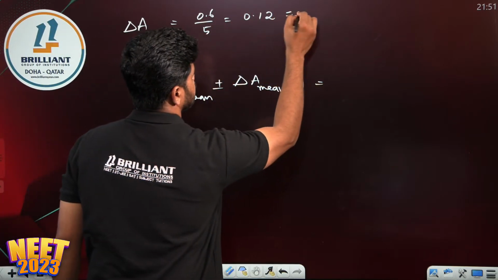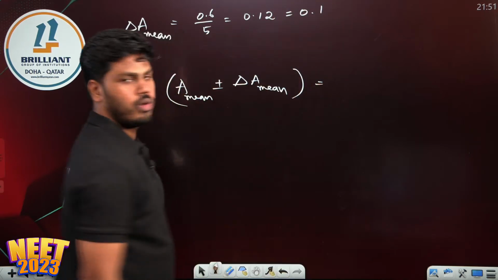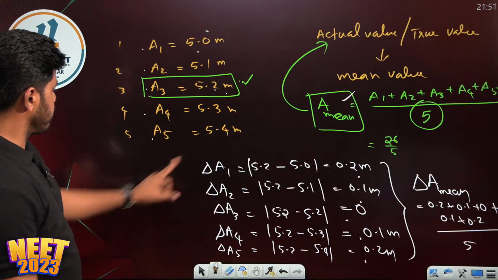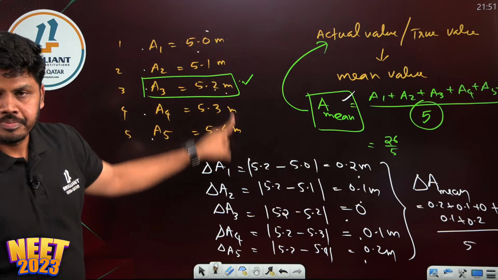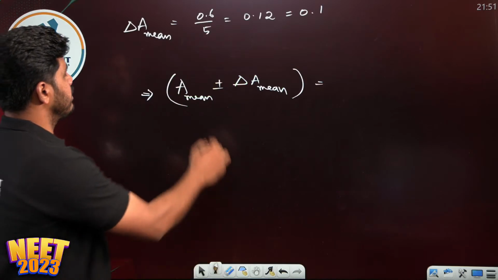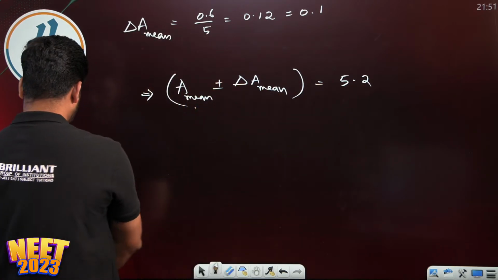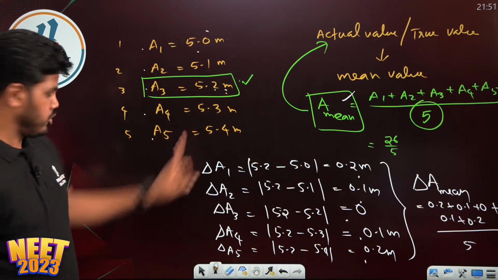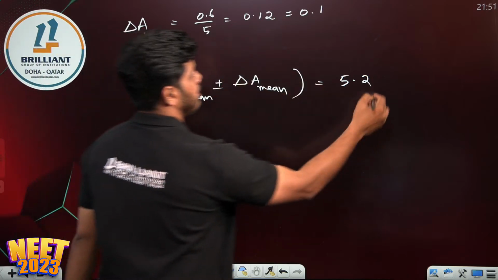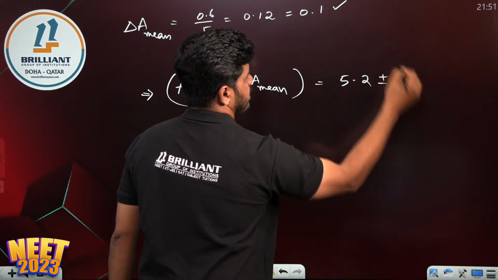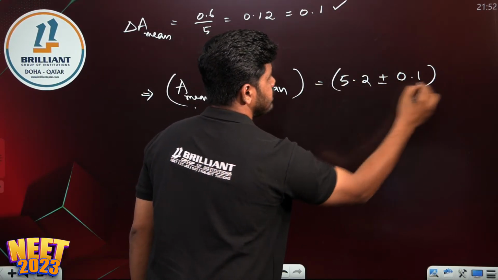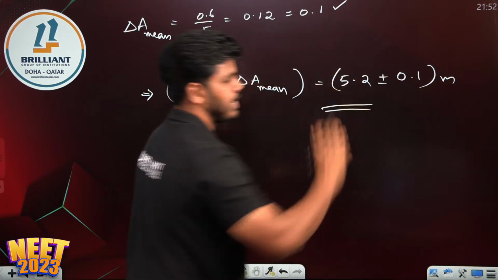So we will round this off to one decimal place, 0.1, because in all our measurements we have only one decimal place. So how will you represent that length now? A mean was 5.2, and that is plus or minus delta A mean, 0.1. This is the way that measurement can be represented.